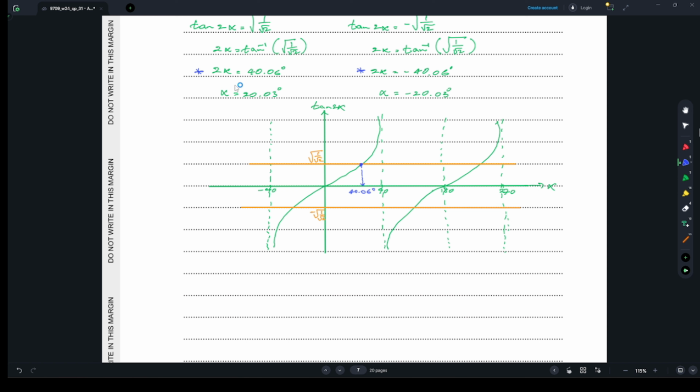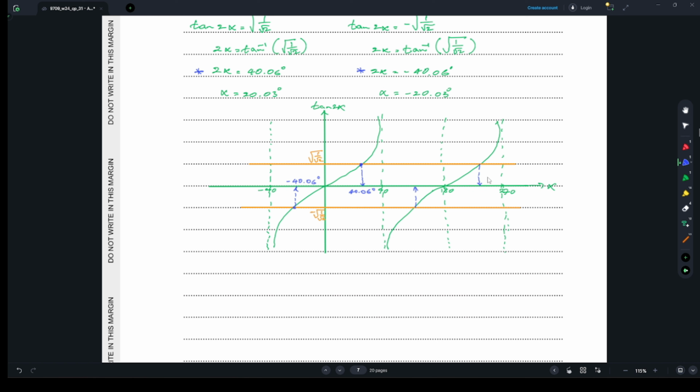So don't use alpha answers, because we draw this graph for 2 alpha. And then we had a negative answer here. By taking this intersection point, it is minus 40.06. And then as you can see here, there are some intersection points, right?